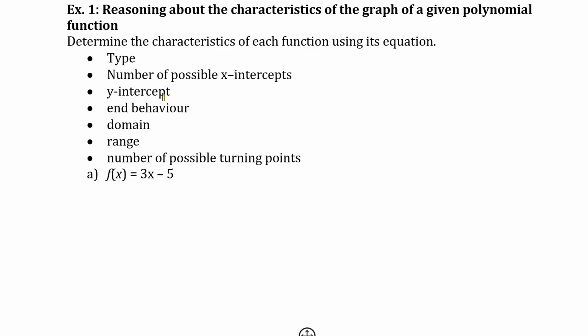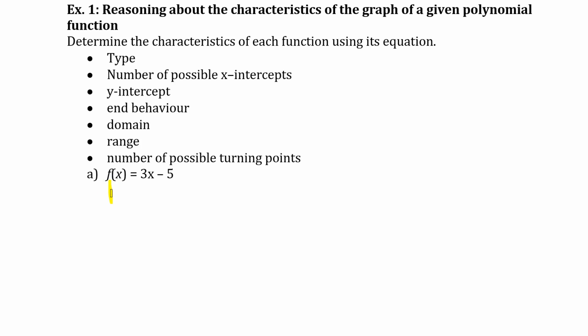We also want to identify the end behavior, the domain, the range, and the number of possible turning points, and just like with the x-intercepts, how many there actually are in each one. So let's start off with this one.